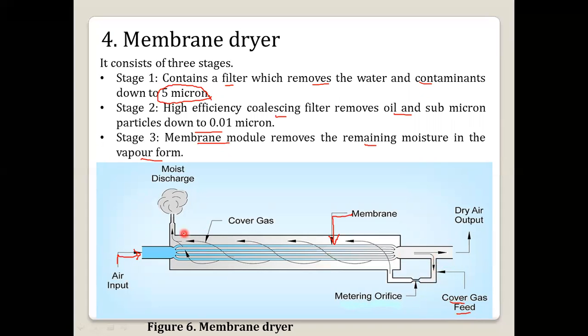Whatever moisture is left will be discharged from the moisture discharge. Mainly the principle here is the membrane: the air passes inside the membrane, and due to the pressure difference, the air coming out of the dryer is the dry air output.